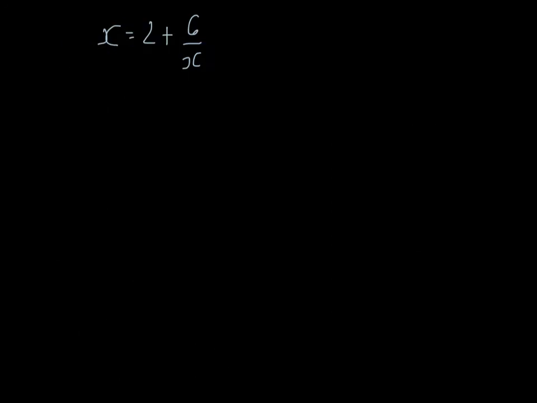So if we use a similar method with the second rearrangement, so we're going to say that our xn, if we put into this formula, will give us xn plus 1. So we'll use the same starting point, so we'll have x1 equals 3. So x2 this time is going to be 2 plus 6 over 3, which gives us 4.